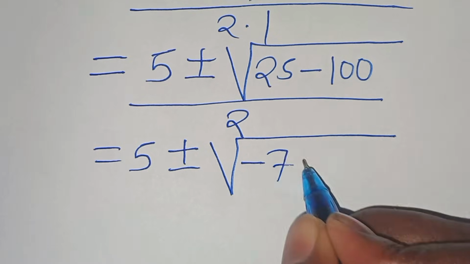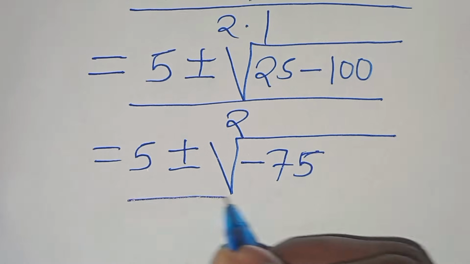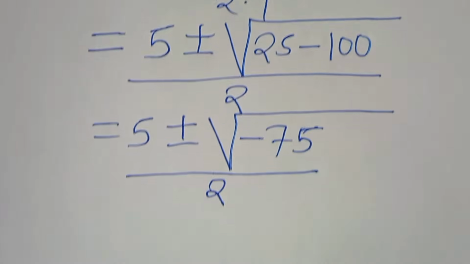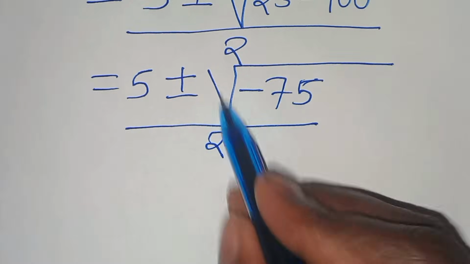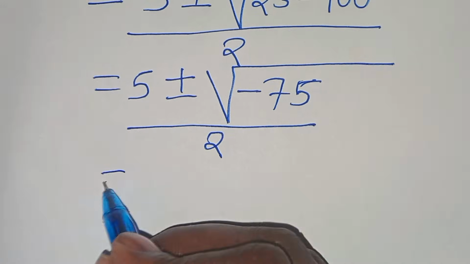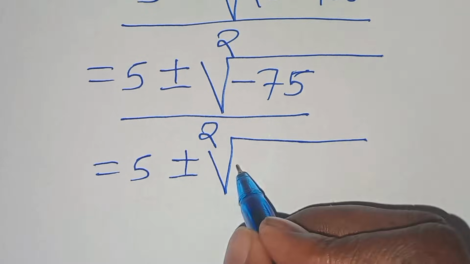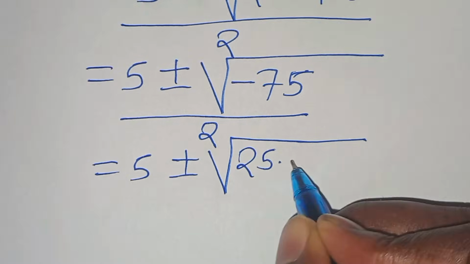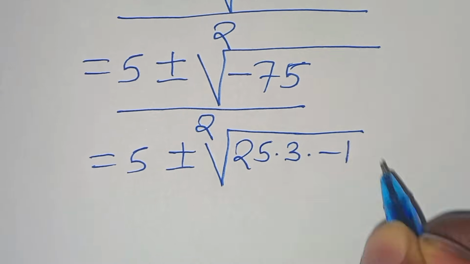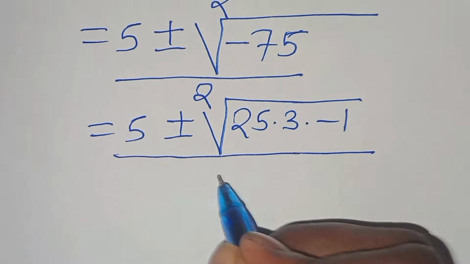This is minus 75. Everything here divided by 2. So we can express the square root of minus 75. This is the same thing as square root of 25 multiplied by 3 multiplied by minus 1. Everything here divided by 2.